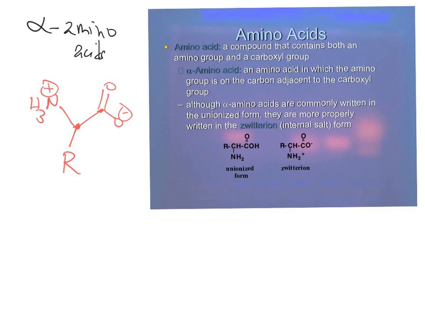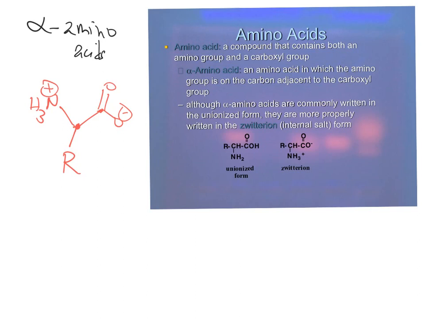Amino acids in vivo typically are in their zwitterionic form. This is the same thing, it's just that they've swapped the orientation here, meaning that the pKa of the carboxylic acid causes it to become a carboxylate, and the pKa of the nitrogen causes it to become an ammonium.